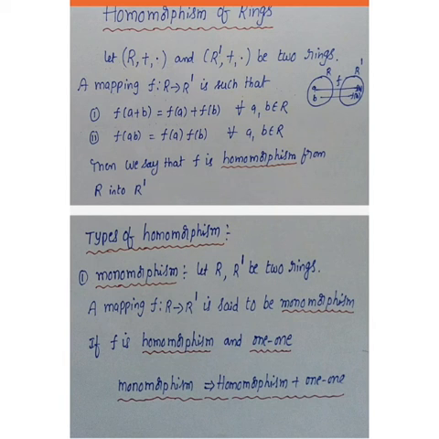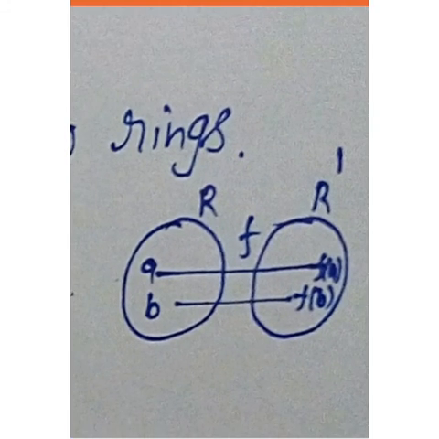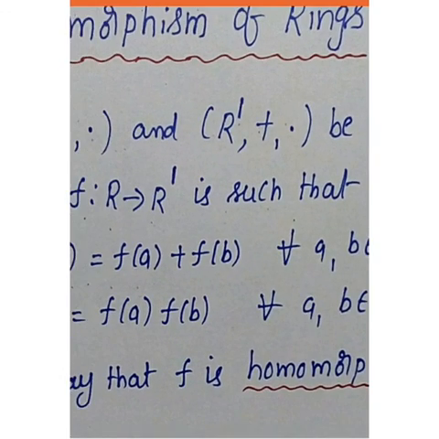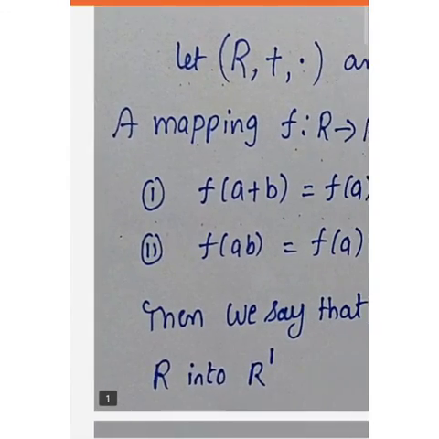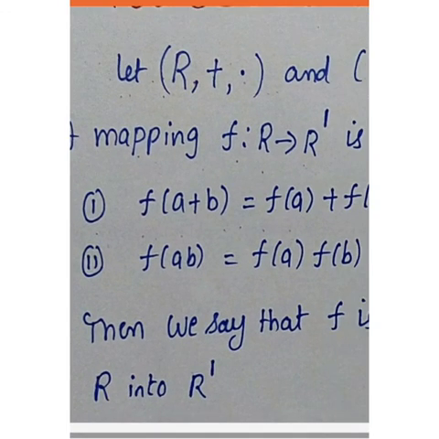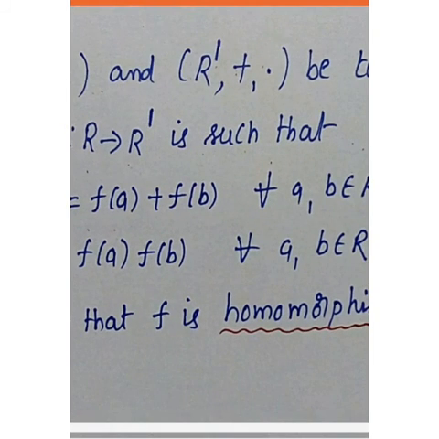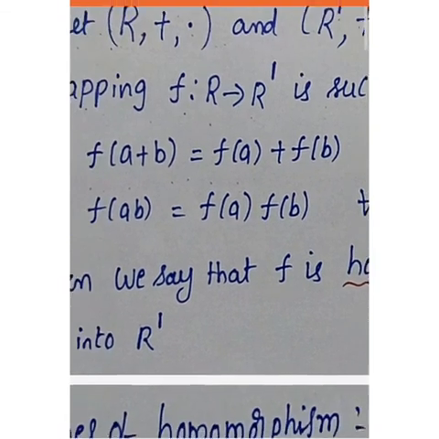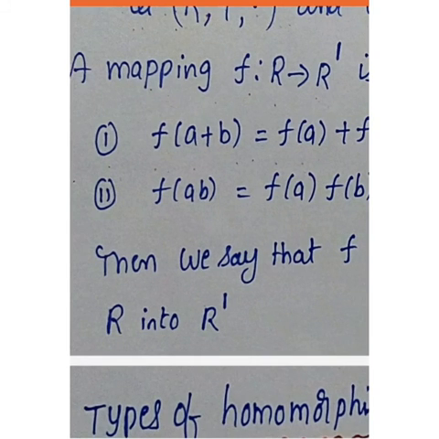So to define homomorphism of rings, we take two rings R, R', and f is a mapping from R to R', and it satisfies two conditions. The two conditions are f(a + b) = f(a) + f(b), f(ab) = f(a) · f(b) for all a, b belongs to R. Then we say that f is a homomorphism from R into R'.